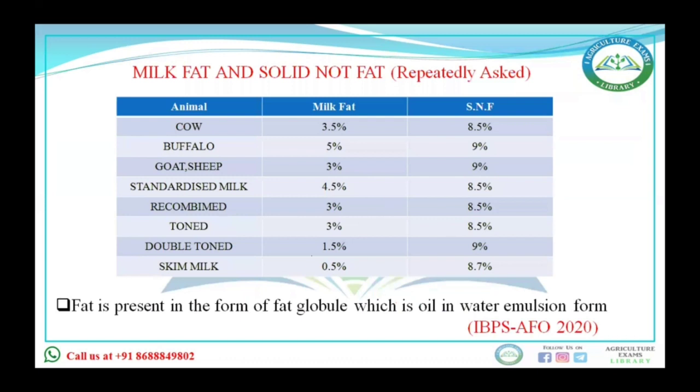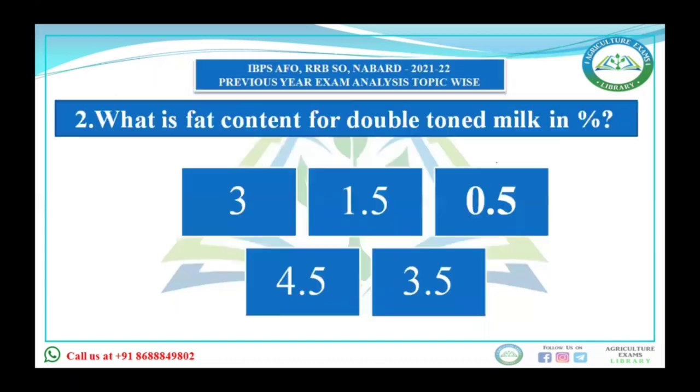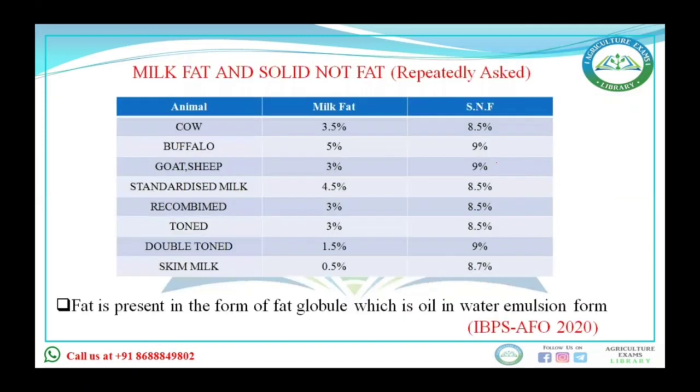The question asks about double toned milk. If you talk about cow milk, fat is 3.5% and SNF is 8.5%. Buffalo milk has 5% fat, 9% SNF. Goat and sheep milk have 3% fat, 9% SNF. Standard milk has 4.5% fat, 8.5% SNF. Recombined milk has 3% fat, 8.5% SNF.